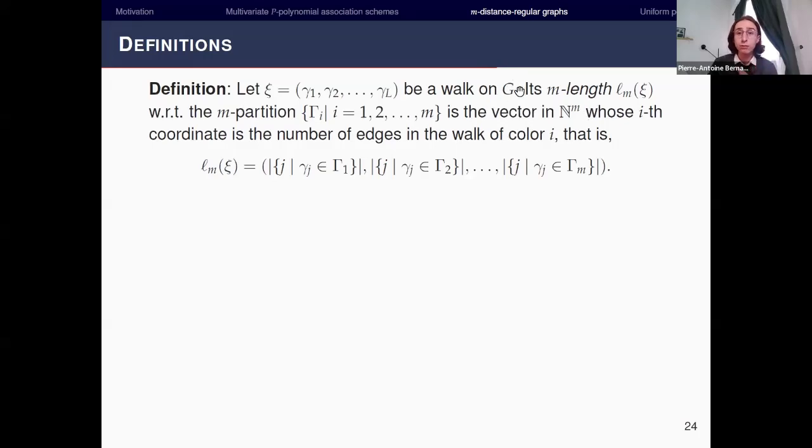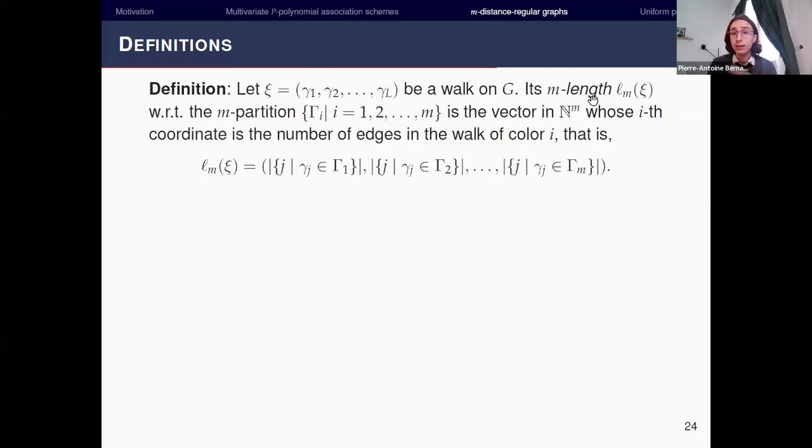So imagine that you have a graph G, and you consider a walk psi on this graph. So it's a set of edges that are each connected to each other. And you have a partition of the edges of the graph. So gamma I is a subset of the edges in your graph, and the set of the gamma I gives you a partition of all the edges in your graph.